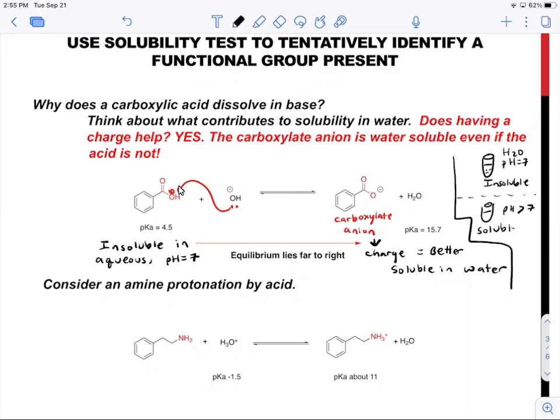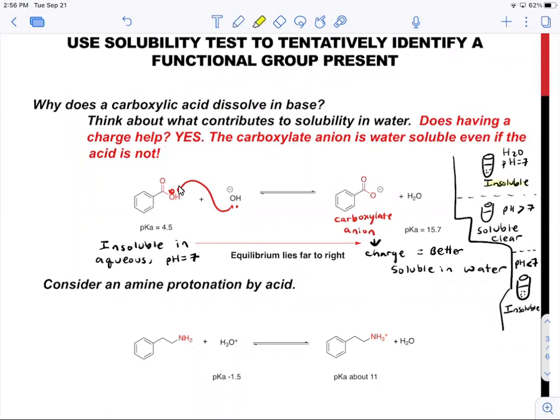So you're looking for a clear solution in that case. And of course, if you were to maintain this in an aqueous acidic solution, pH less than 7, you no longer have a base to help invoke a charge onto that carboxylic acid, and you expect to see an insoluble mixture as well.